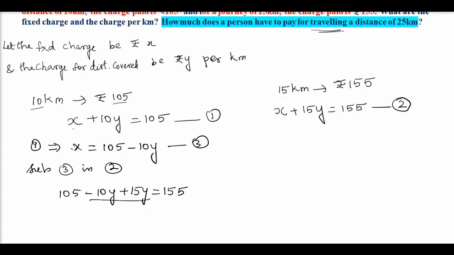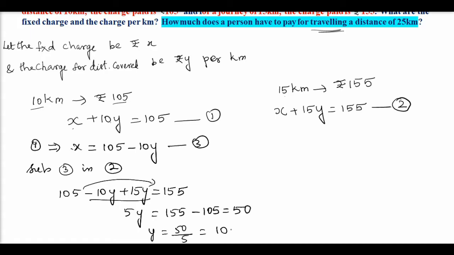Now we'll combine the variables and the constants. So 15Y minus 10Y is 5Y equals 155 minus 105, that is 50. So Y equals 50 by 5, that is 10.